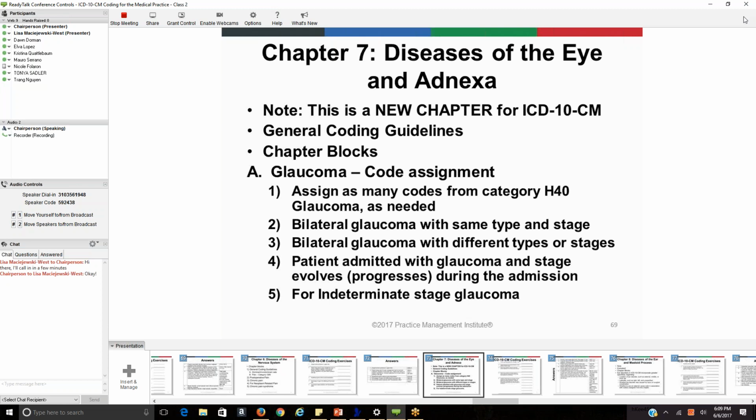And so what we did, we talked about those coding conventions, the general coding rules, and then we began to get into some of the chapters. And as you know, in ICD-10 there are 21 chapters, and most of these chapters are broken down by types of conditions and also by anatomical sites.